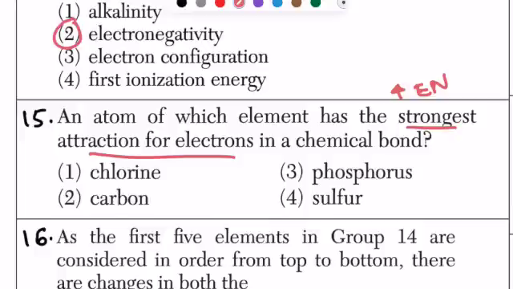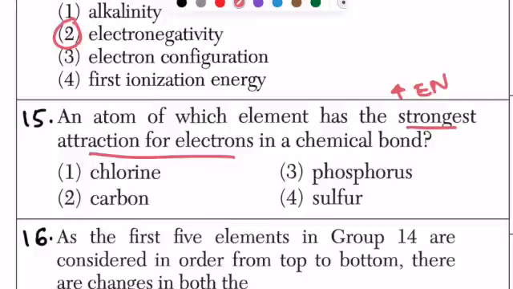So a few ways to answer this question is 1, remember the trends. So we know that as we go down the group, because the atomic mass increases, atoms become bigger. That means their tendency to attract other electrons decreases. So down the group, electronegativity is lower.